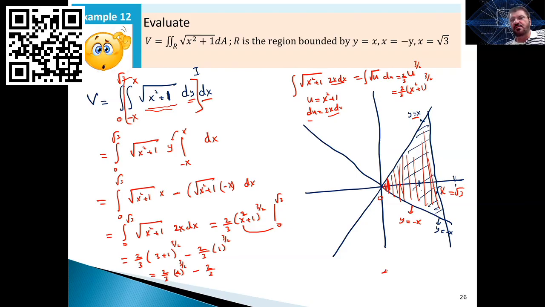Now 4 to the 3 half. 4 is 2 squared, isn't it? To the 3 half, this 2 goes with this 2. You're left with 2 cubed, which is 8. So this is going to be 2 over 3 times 8, minus 2 over 3. So this is equal to 16 over 3 minus 2 over 3, and this is 14 over 3. This is the answer for this question. This is the volume of this solid.